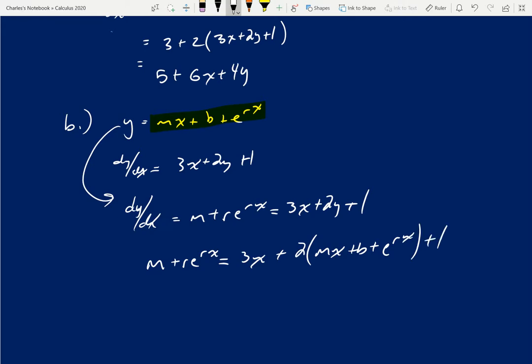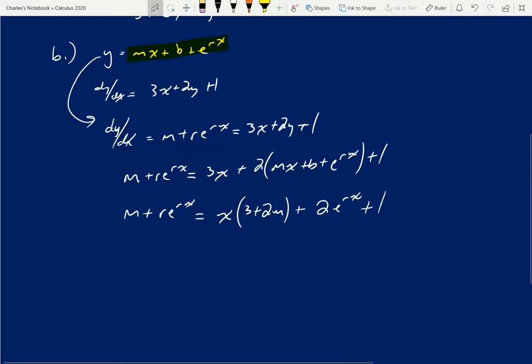And so I can make this m plus r e to the rx equals, let's say, x times 3 plus 2m, plus 2e to the rx, plus 2b plus 1.